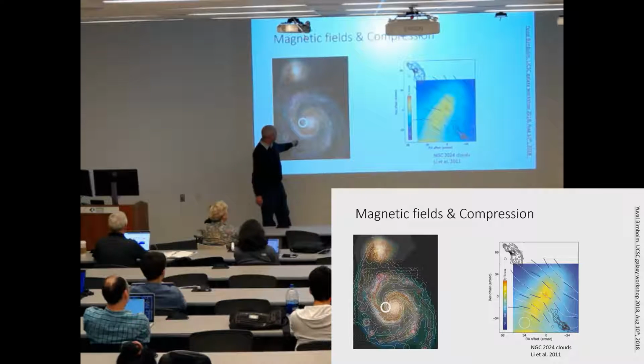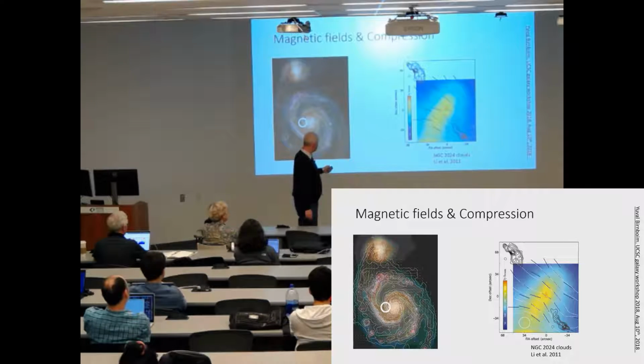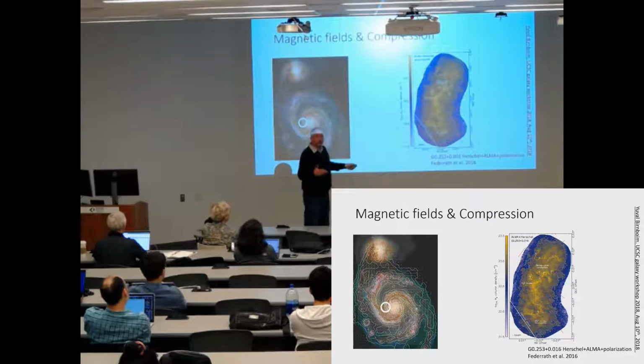And we know from observations that the molecular clouds know about these fields. So we can see them being aligned with the magnetic fields, being elongated along the magnetic fields. The compression definitely knows about the magnetic fields going on. And this has been shown for many molecular clouds.